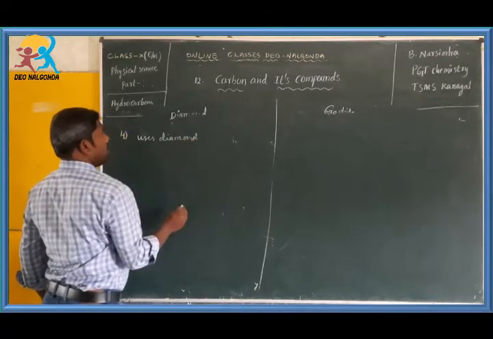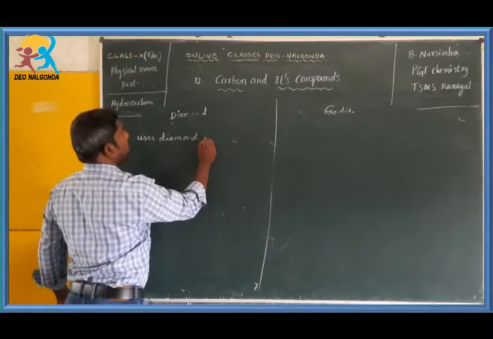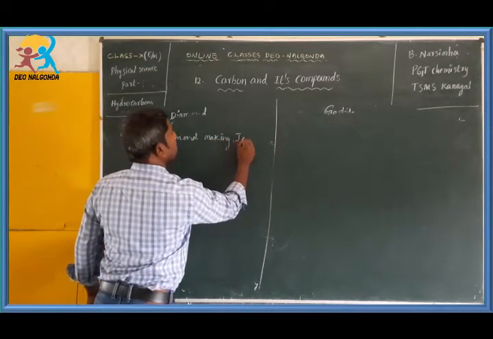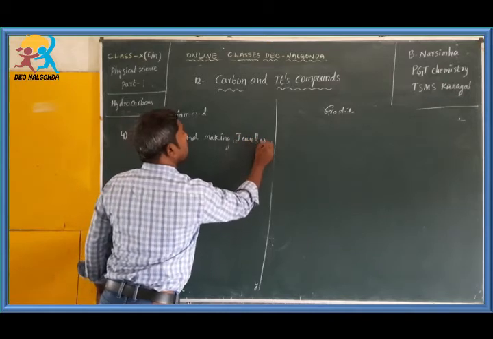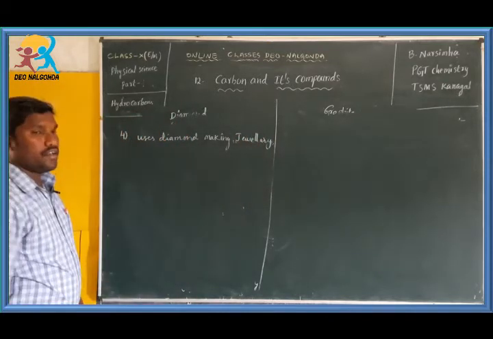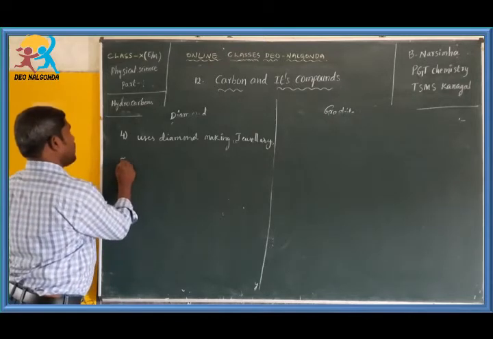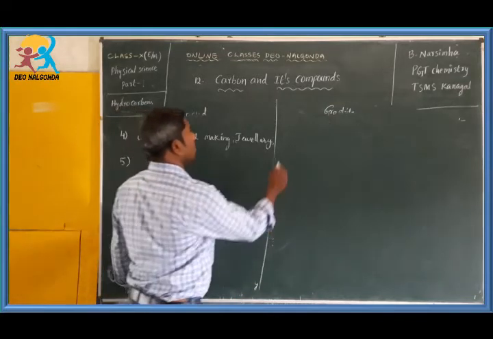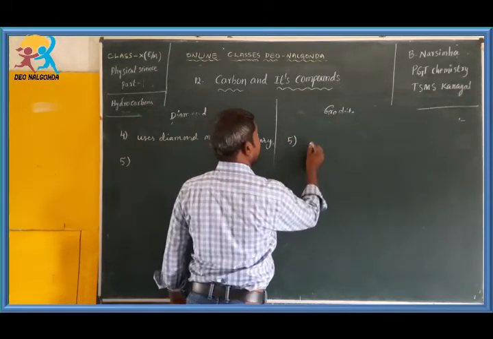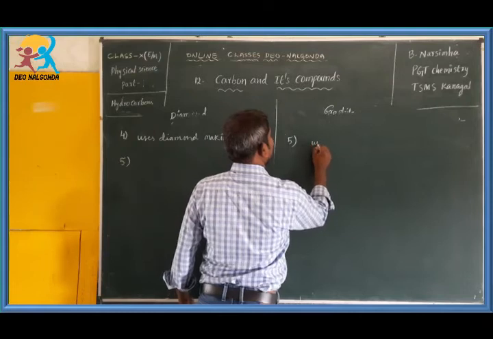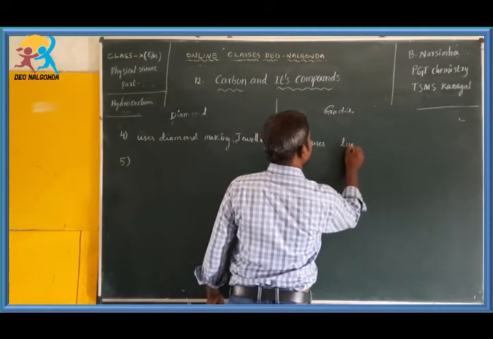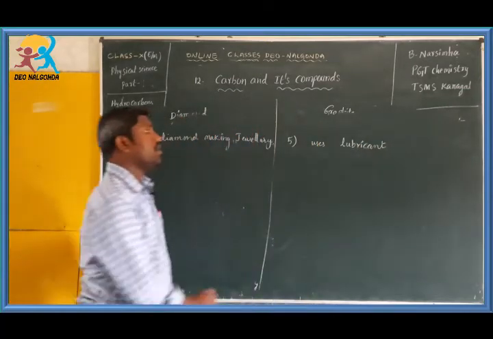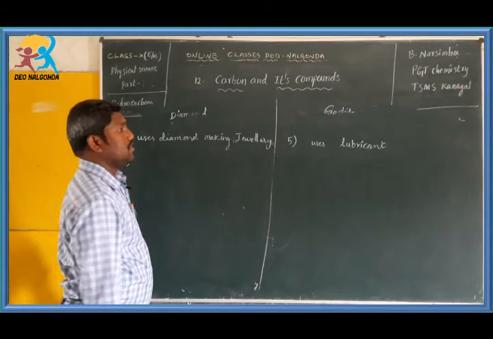Diamond is used for making jewelry. Graphite can act as a lubricant or grease.